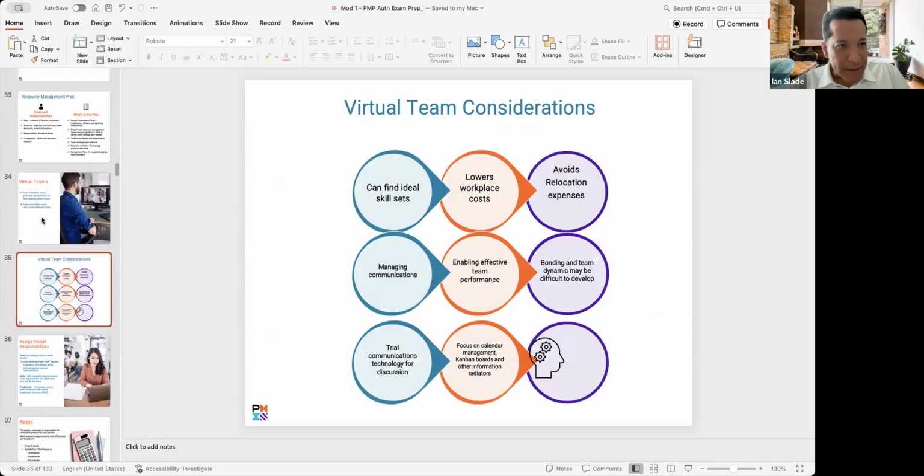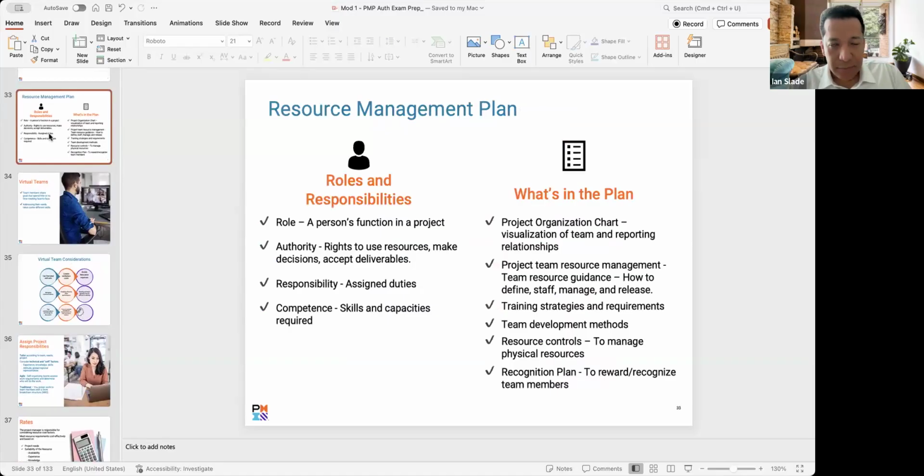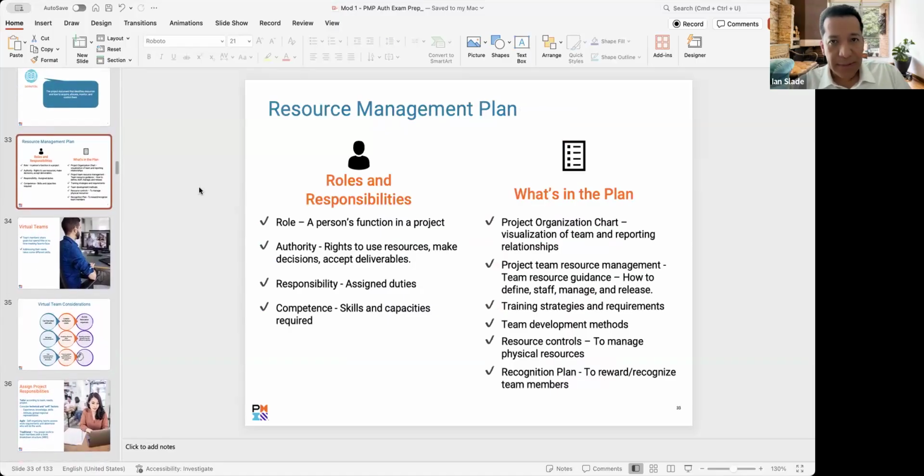Cool. All right. So for the resource management plan, you have their roles and responsibilities. We need to take some time to break this down too, because there are some new terms and they typically show up in the test. So let's go one by one. A role is a person's function in a project. What is it that you do? That's your role.